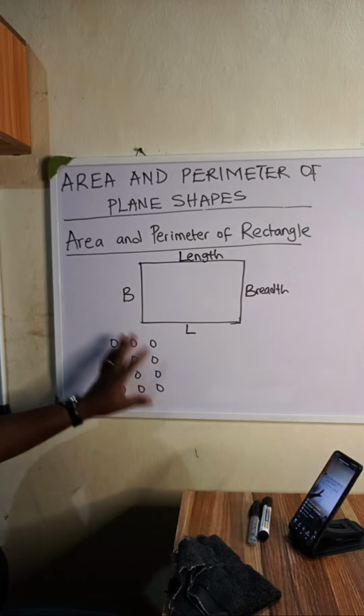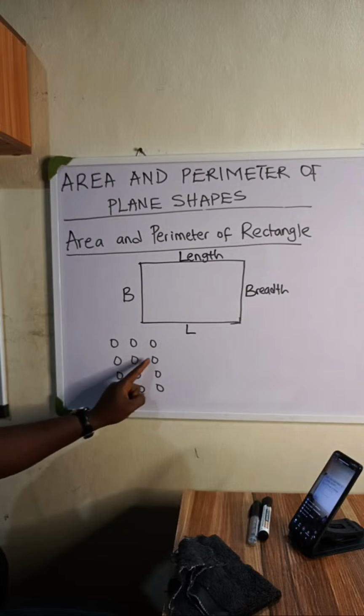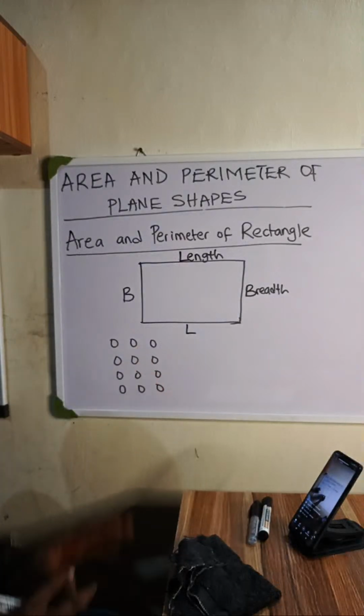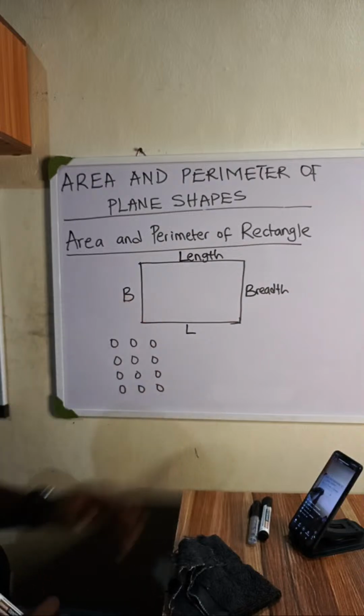If I count them one by one: 1, 2, 3, 4, 5, 6, 7, 8, 9, 10, 11, 12. So there are 12 students in this class.